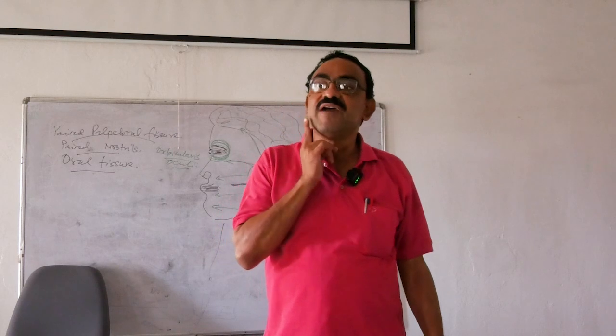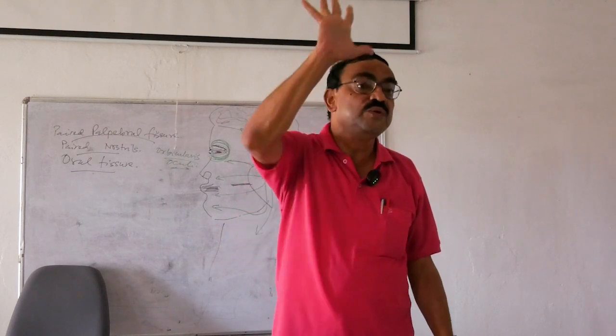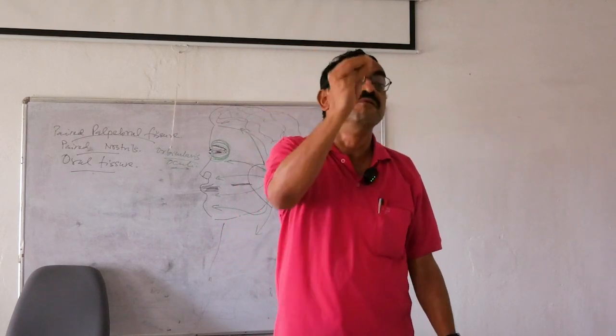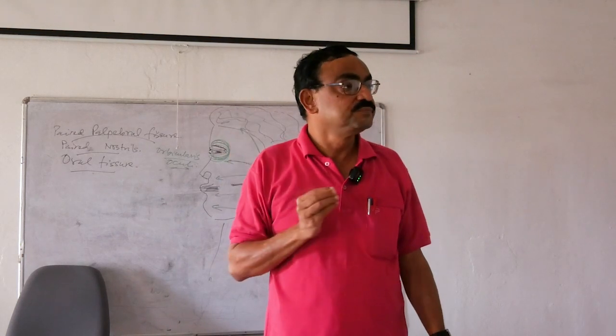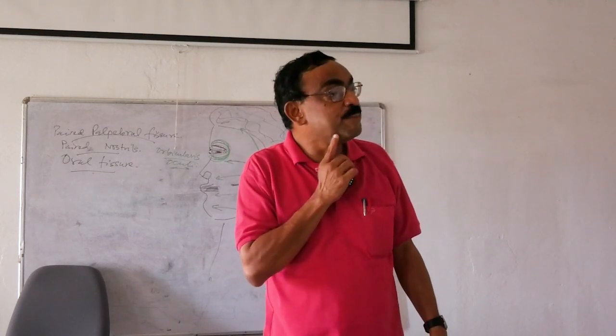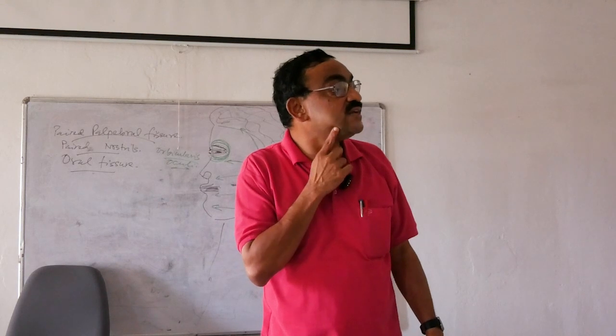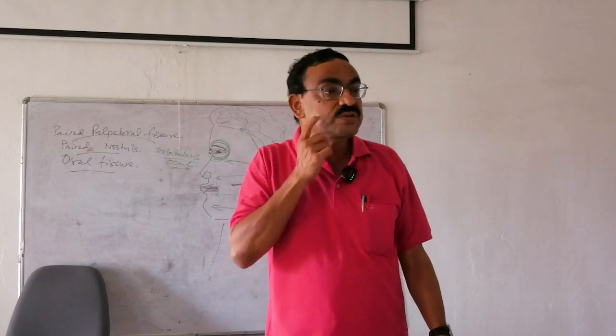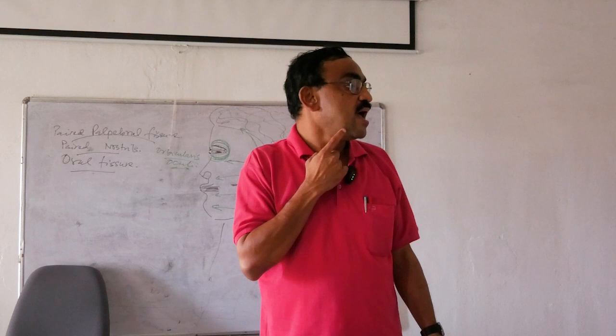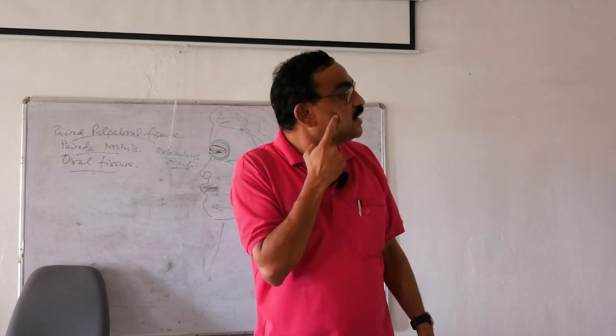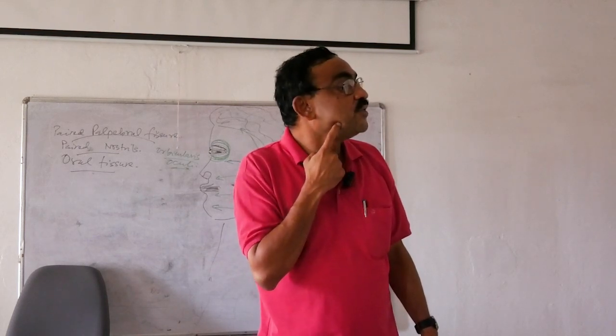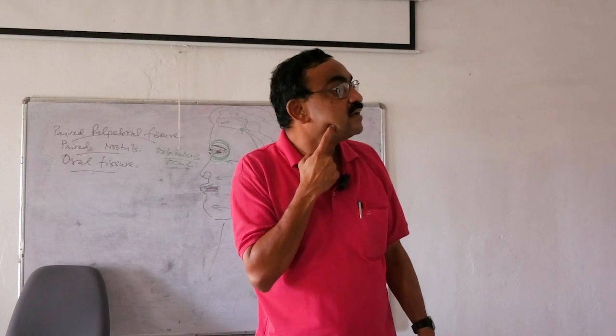Now we will search for muscles, vessels and nerves. The very important vessel is the facial artery, which is tortuous, and we can locate it here at the anterior-inferior border of the masseter.